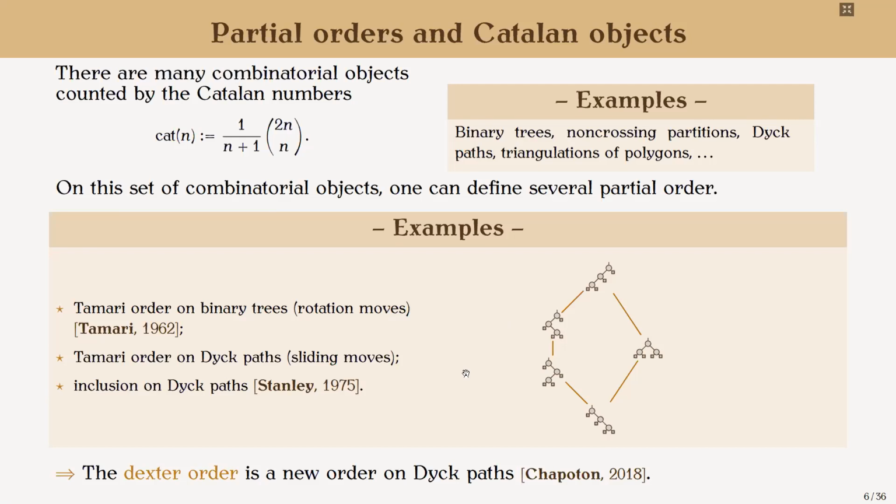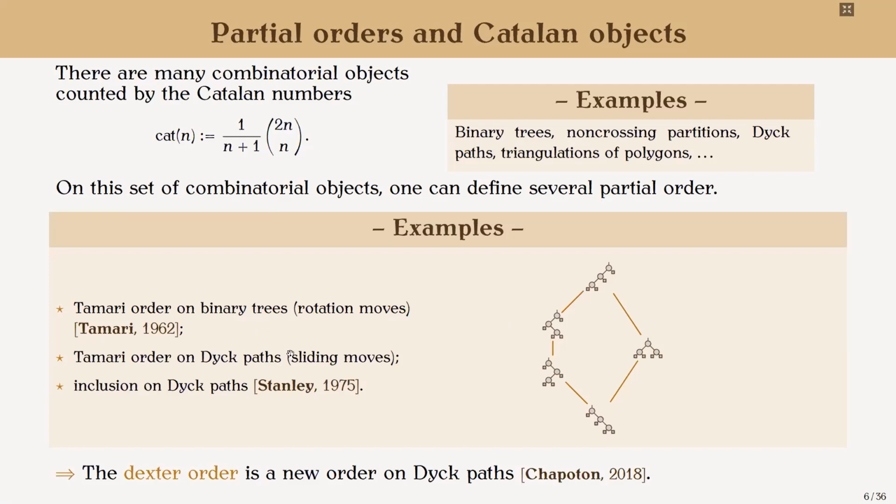Okay, and there is another way to obtain an equivalent order, but not in the same set of objects. For instance, we can define the Tamari order on Dyck paths.